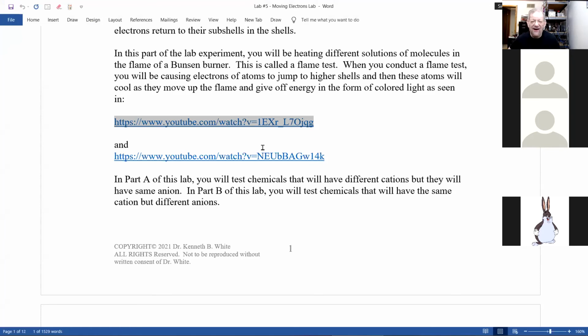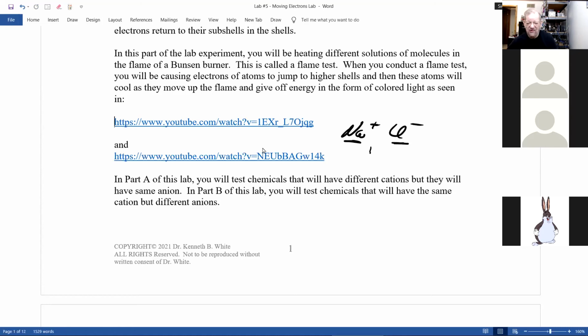Now, in an ionic compound, you have cations, plus charge, and anions, minus charge. And like in sodium chloride, NaCl, please pass the NaCl, which causes the color? Is it the cation or the anion?